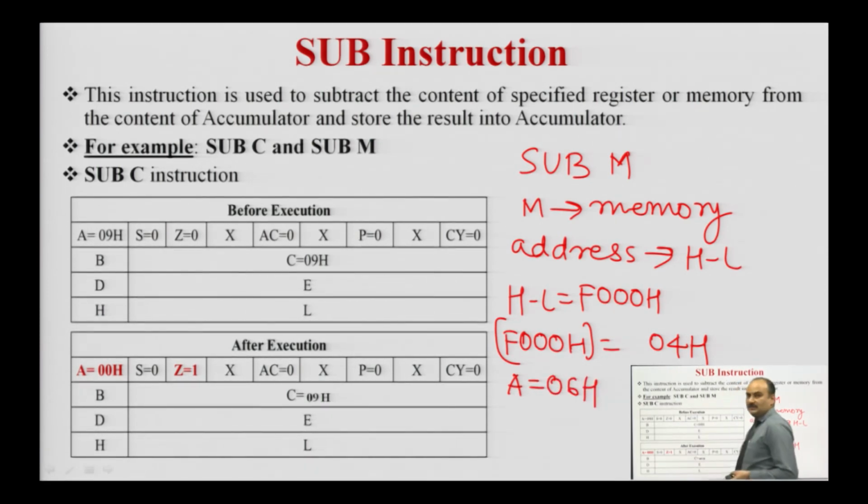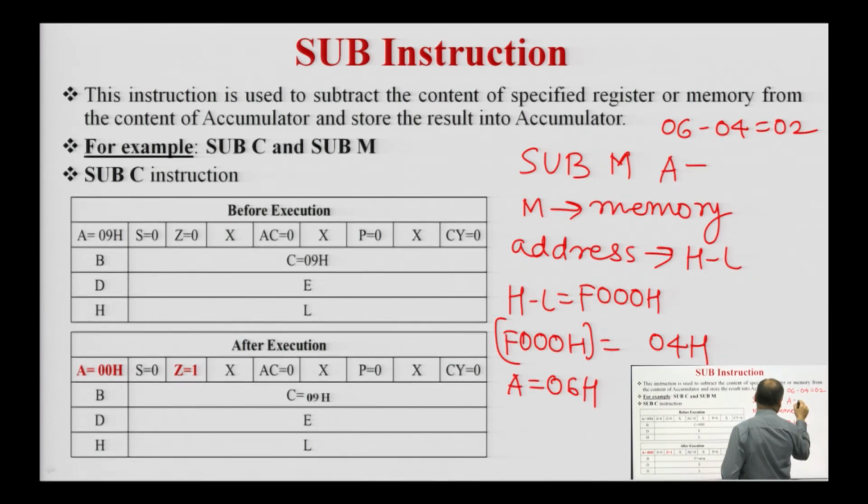Whenever the microprocessor executes this instruction, it will subtract the content, that is 04, from the content of the accumulator. So, the processor will perform the operation 06 minus 04, and the result is 02. After the execution of the SUB M instruction, the content of the accumulator is equal to 02H.